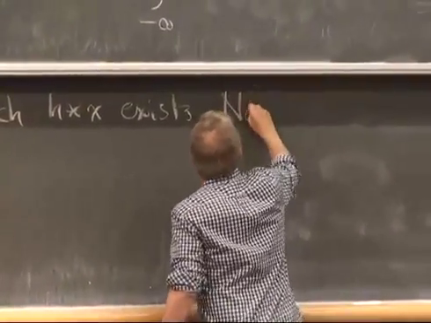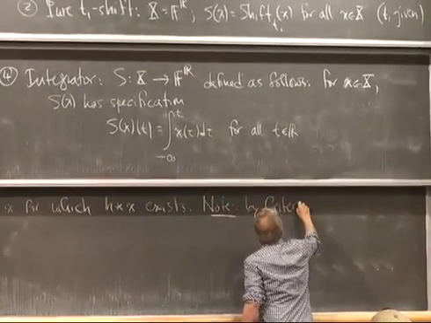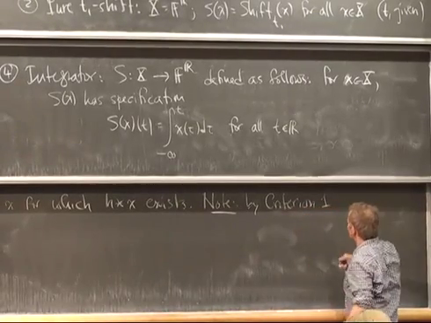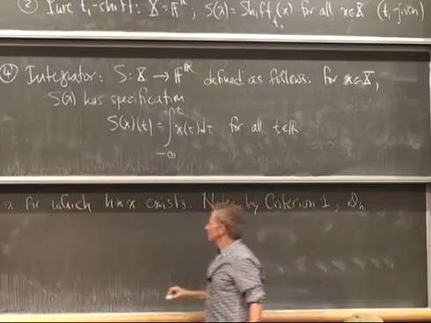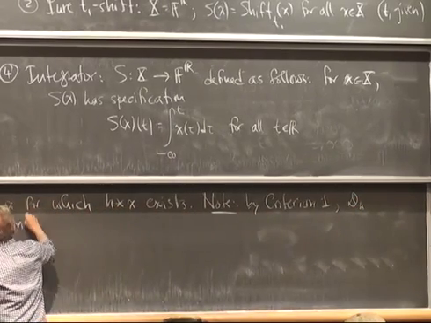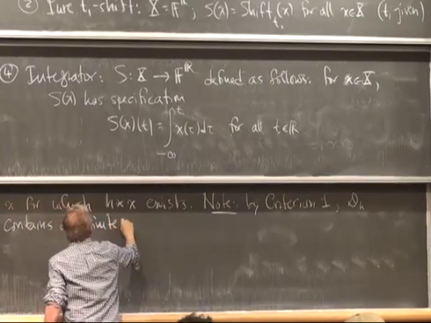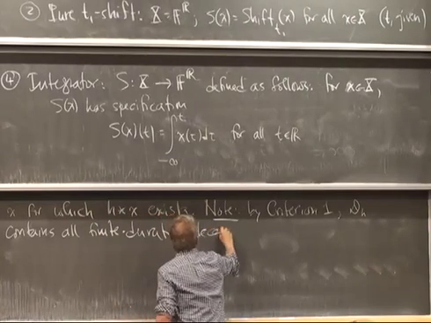So note, by criterion 1, if you want to be precise about your chapter and verse attributions, D sub H contains all finite duration decent signals.